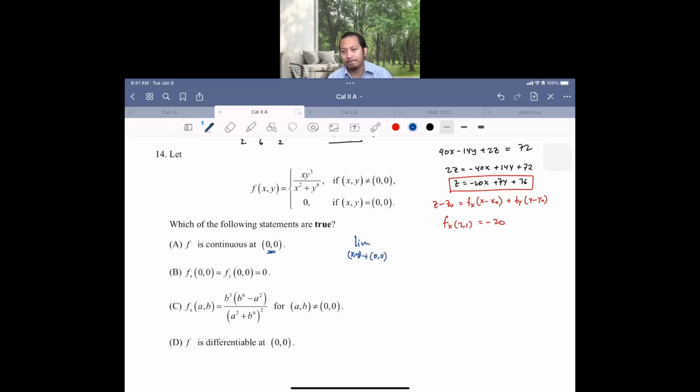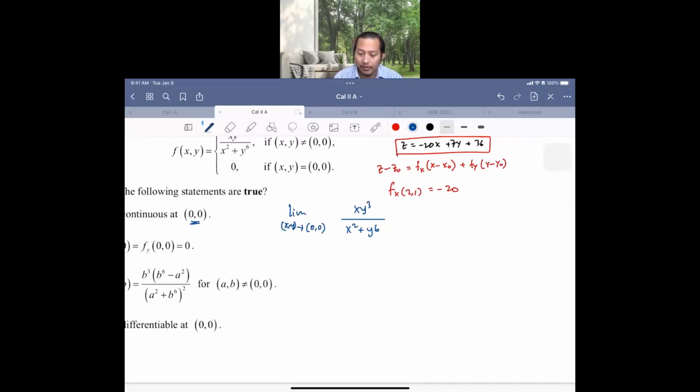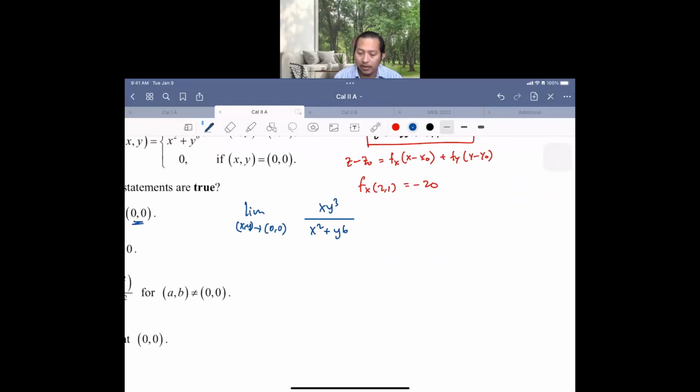So we take the xy cubed. First consider the path that we are going through. Because remember, when we are constructing the limit, we are going to make several path options.